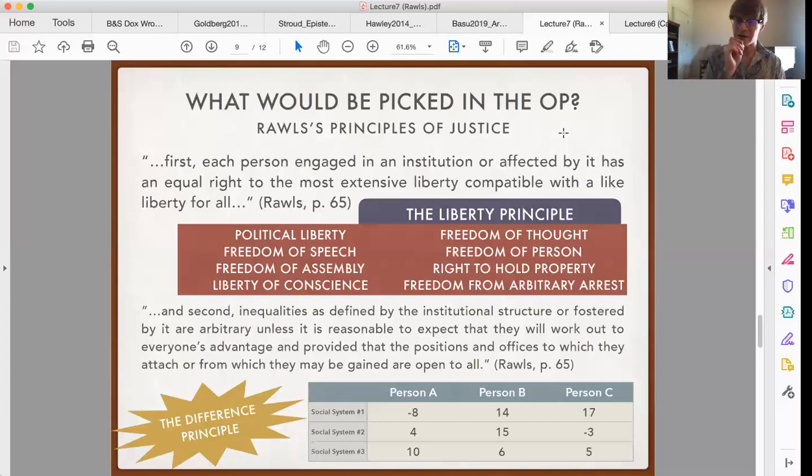So the idea is that when we strip away all of our different features, we are going to structure society such that the poor are made the best off rather than a society that makes poor people the worst off, right? And that's because we don't know whether or not we're poor and we want to benefit ourselves. And so we assume that we're some of the poor people, and then we make society such that those people are made better off.